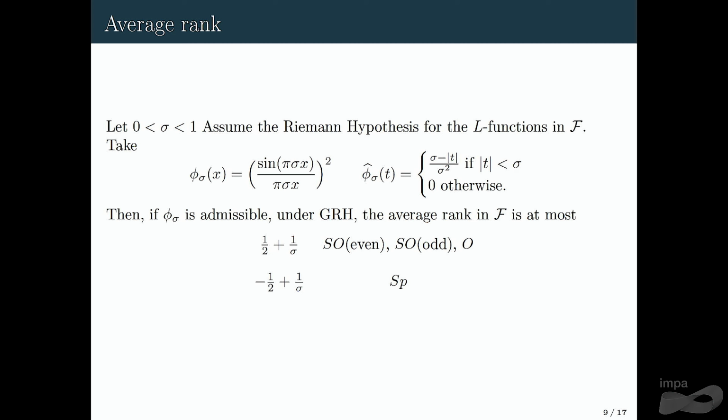And so if I want a good bound on the average rank, the best I can have is getting support up to 1, which would be rank 3/2 for the orthogonal families, right?